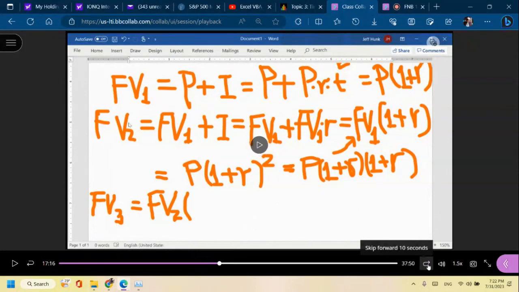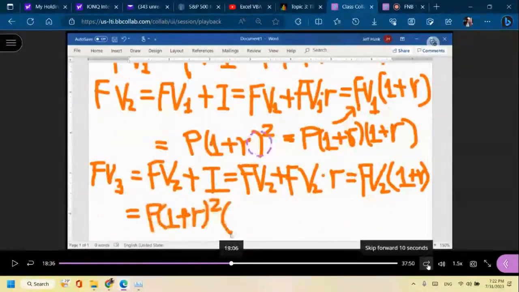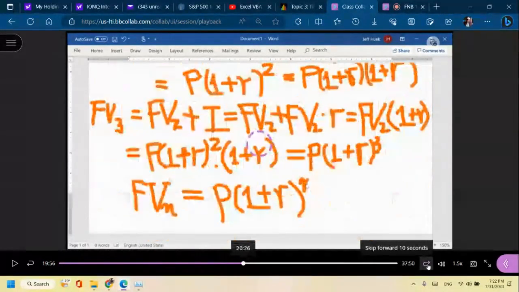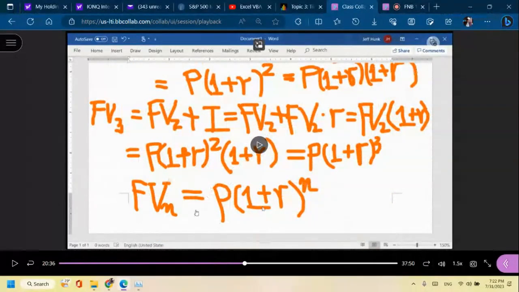I'll skip and go to the conclusion, right? That's basically the very basic form of compounding, right? And it's called compounding in single cash flow, right? Compounding with single cash flow.